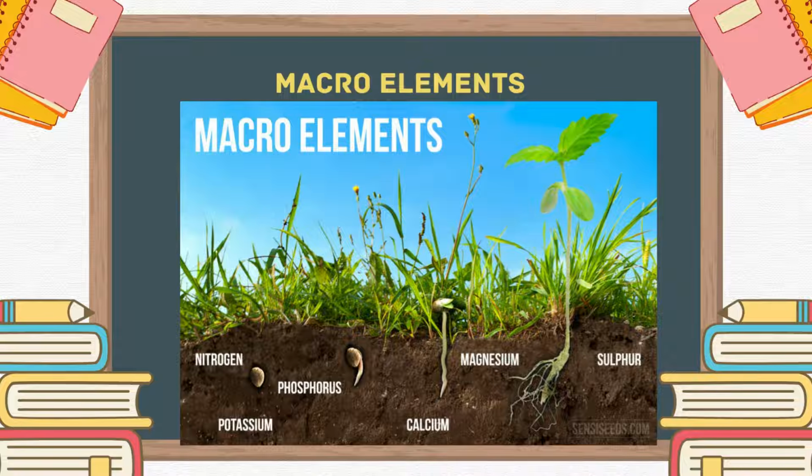Now remember, we said these are needed in large quantities and there is usually a shortage of them. That is NPK. So let's start with nitrogen. Why is nitrogen important in the soil? What is the function? Why do we need nitrogen there?